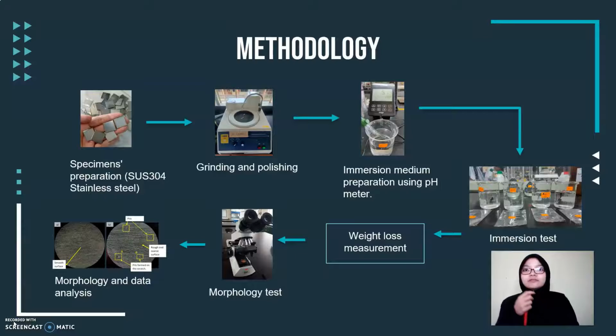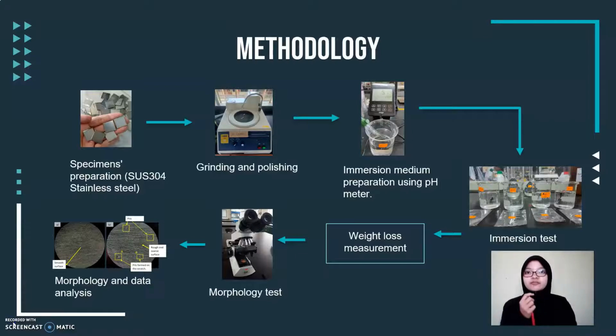At the end of each test cycle, samples were washed with tap water, distilled water, and ethanol to remove the corrosion media. After that, the samples were weighed using a weighing scale to measure the weight loss. Weight losses were obtained after immersion was complete for each week. To obtain the weight loss value, the difference of initial weight and final weight was calculated.